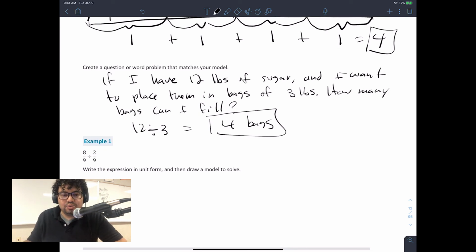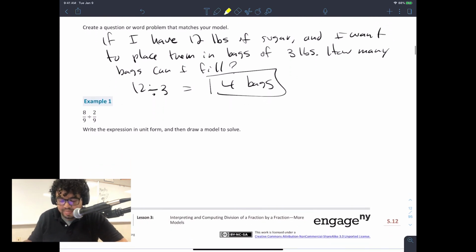Okay, so let's go to example number 1. One of the things I want you to notice is that these are fractions that have a common denominator. Both the 8/9 and the 2/9 have a 9 as a denominator.